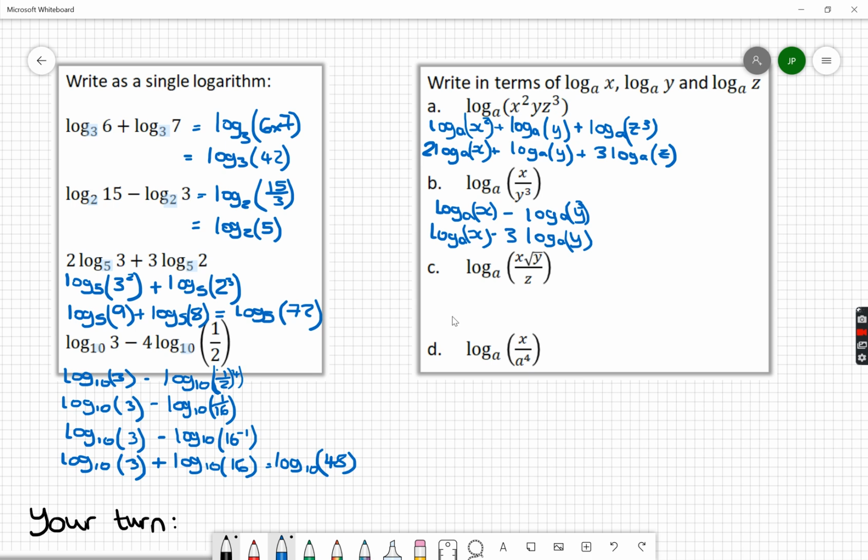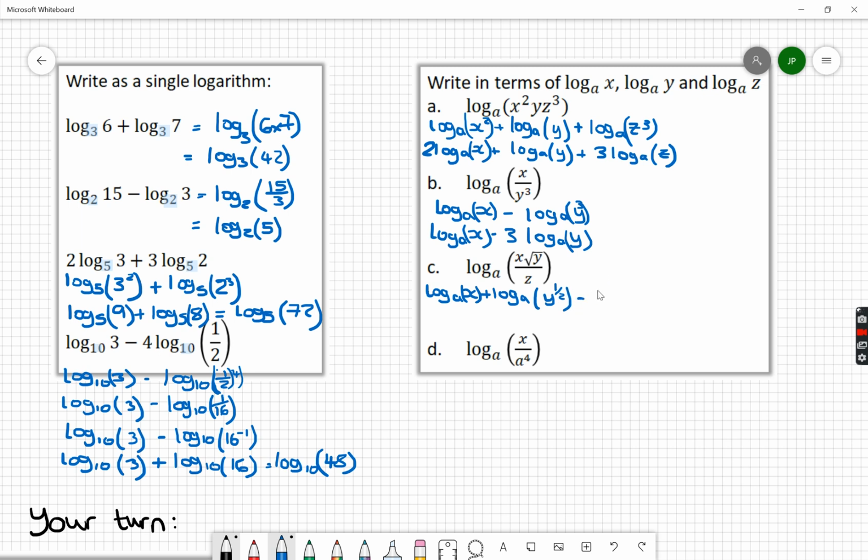Just quickly run through the last couple. So log a of x root y over z. Again, let's separate all the parts out. So I'll have log base a of x plus log base a of root y. Actually, we'll simplify that straight away. Root y we should know is y to the power of a half.